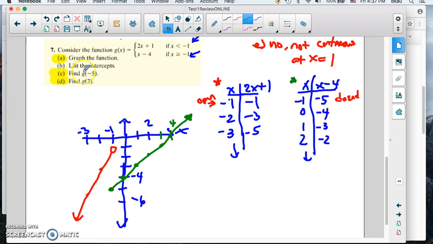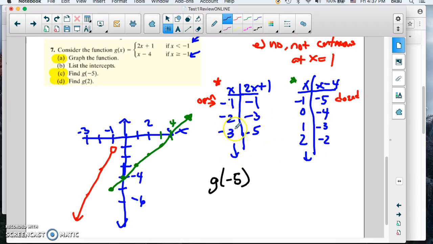Now if we want to find out which values this is, we just need to know which chart we plug it into. So if we do g of -5, the question is, do we put -5 in this chart or in this chart?